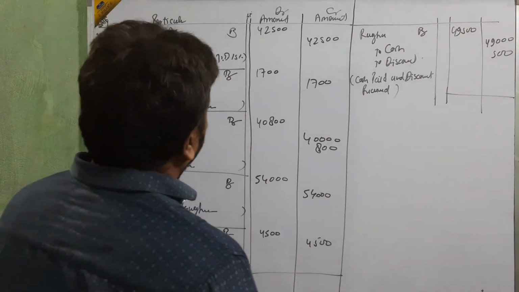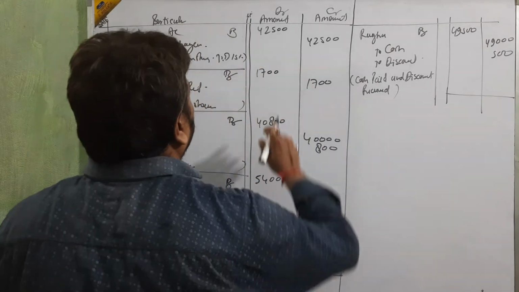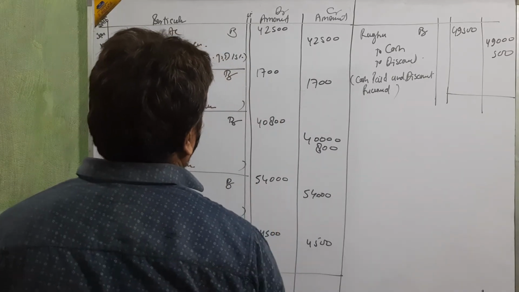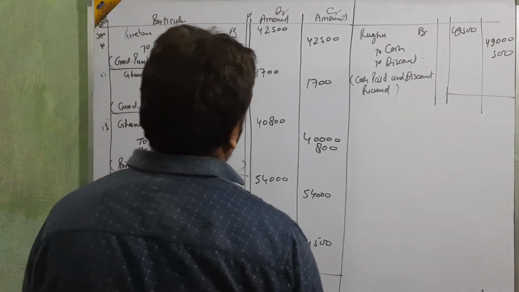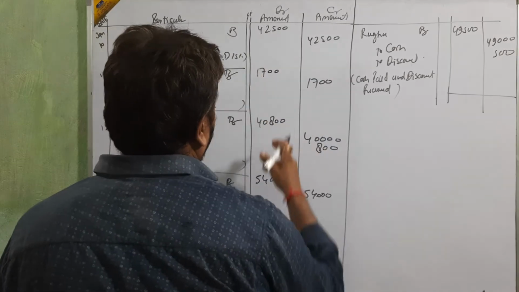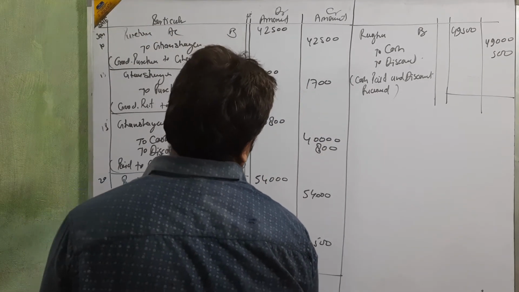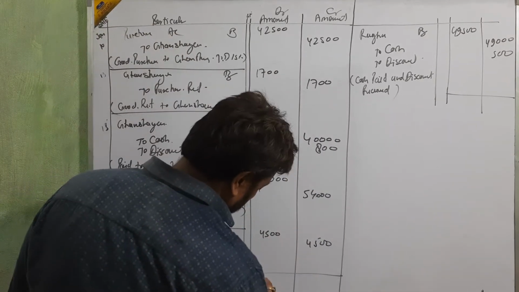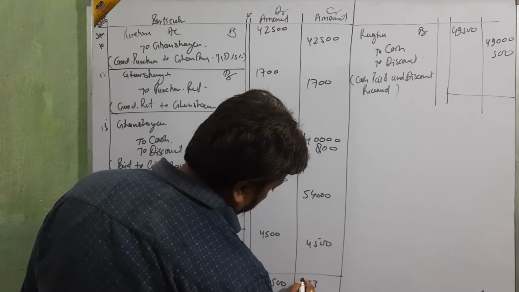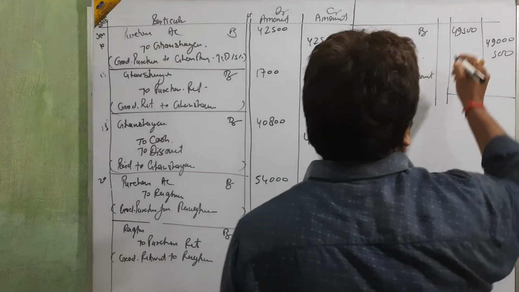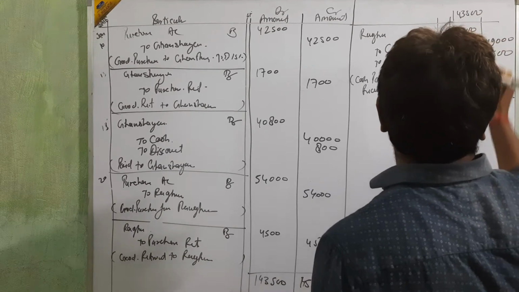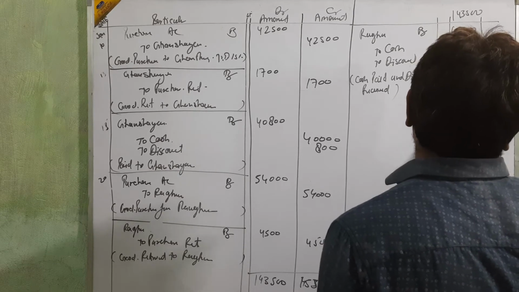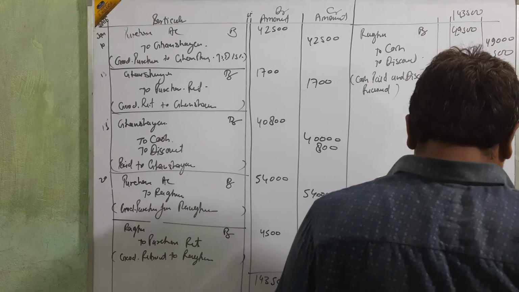Then totaling. The total amount is 1,93,000.